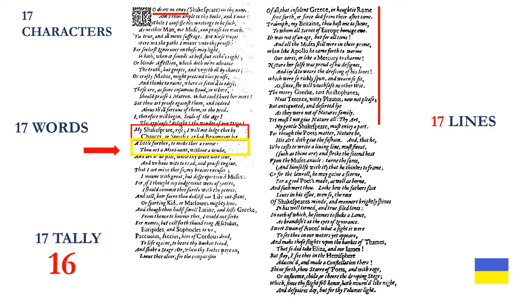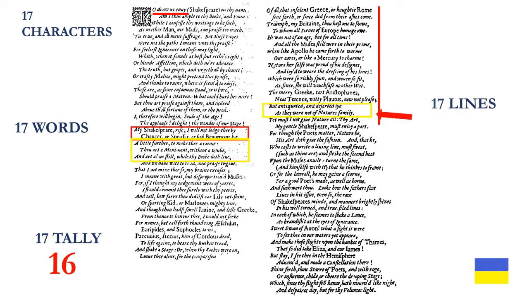if we count the couplets from the couplet beginning on line 19 to the couplet that's just before the one that has gentle Shakespeare, you'll find that there are 17 couplets.